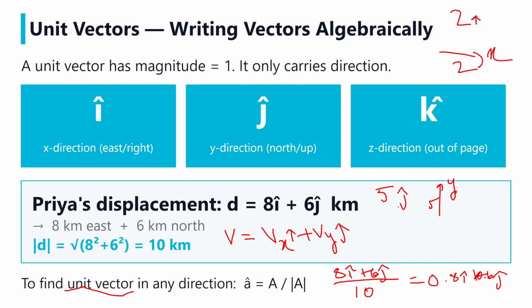So what you're going to see is it's on the graph, 0.8 I cap plus 0.6 j cap. This unit vector always has a magnitude of 1, but notice the direction is just the direction of Priya's displacement, and that's why unit vectors are useful.